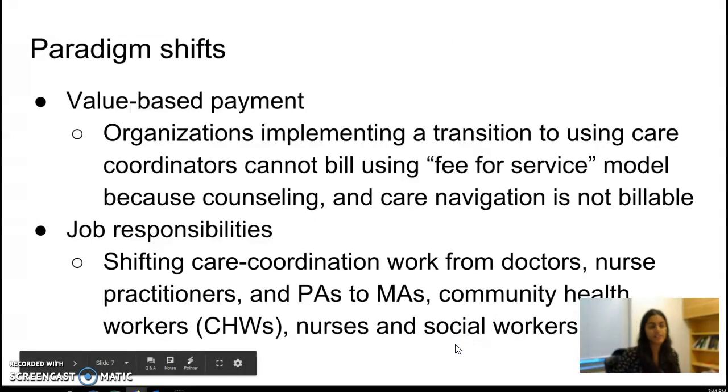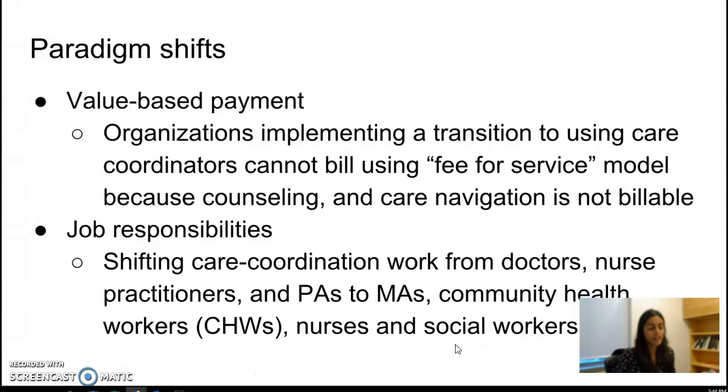So paradigm shifts. There's two big shifts here. One is the value-based payment. So employing care coordinators challenges the fee-for-service model, which means we give you a service, you pay for it. And by you, it could be an insurance company, but that direct exchange of fee for a service.